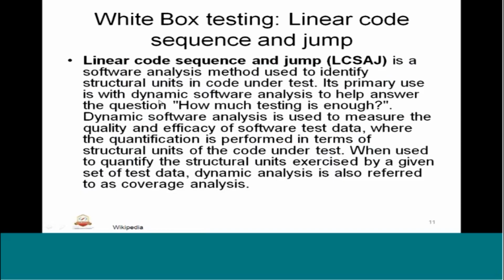Its primary use is with dynamic software analysis, to help answer the question: how much testing is enough? That means it will have an analysis of how much of the units are tested in terms of dynamic software behavior. Dynamic software analysis is used to measure the quality and efficacy of software test data, where the quantification is performed in terms of structural units of the code and the test.